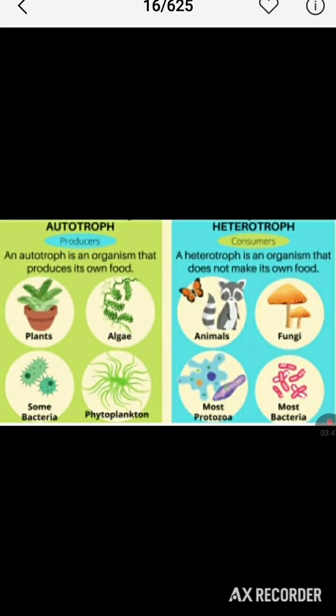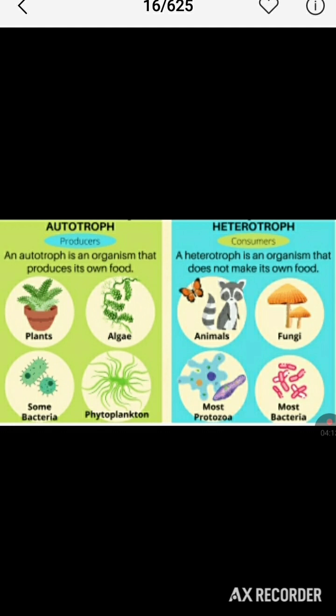Now, what do the terms autotroph and heterotroph mean? Autotroph means those organisms that produce their own food. They don't have to depend on other organisms for food and nutrition. For example, plants. Plants perform the process of photosynthesis and make food for themselves, and they don't depend on other organisms for food.